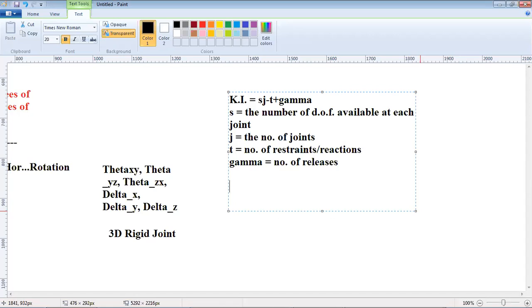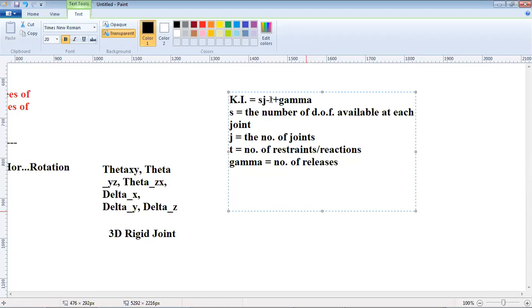What is S? It's the number of degrees of freedom available at each joint. For every joint, you will have a certain number of degrees of freedom available. So when you multiply that with J, the number of joints, you get the total number of degrees of freedom. But there are certain restraints, which is T, or reactions, which are available at the supports. Once you subtract that, you get the overall picture of the number of degrees of freedom.